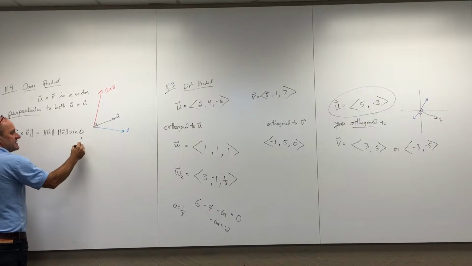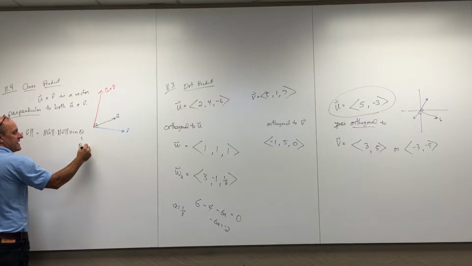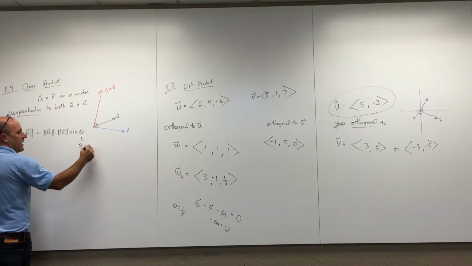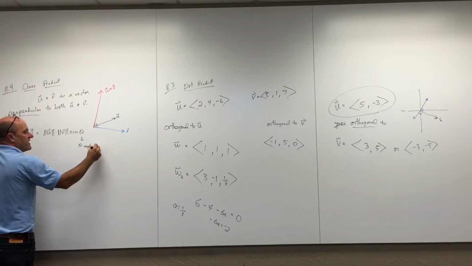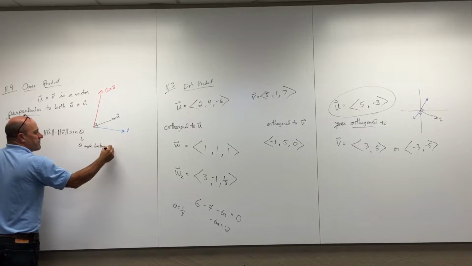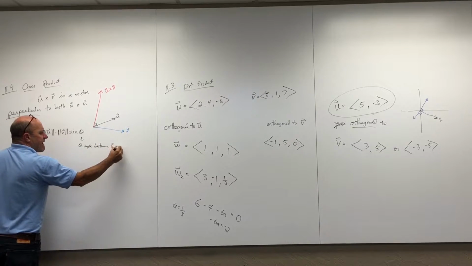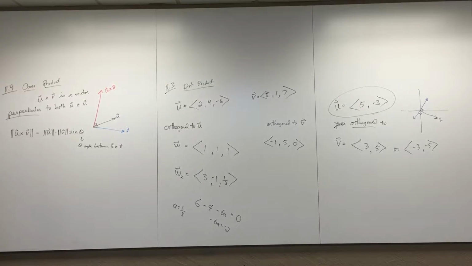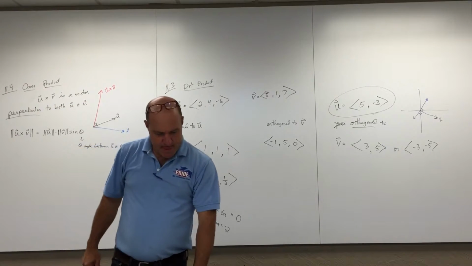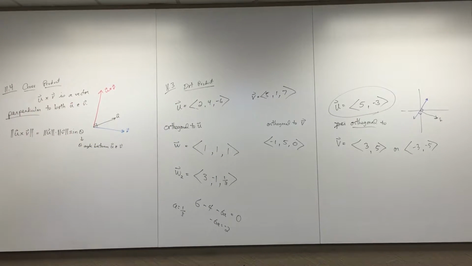What's theta? Theta is the angle between U and V. This will happen, though we try to avoid it.